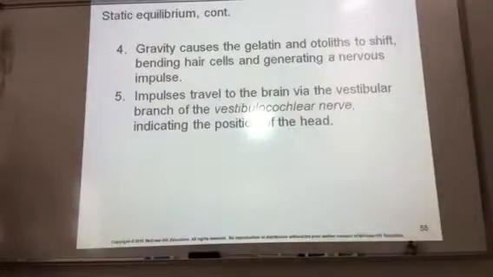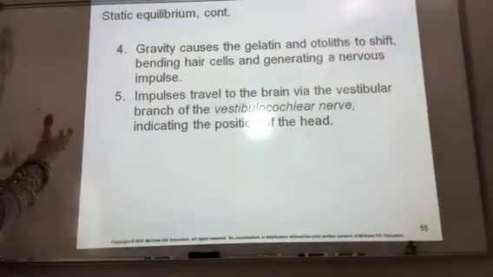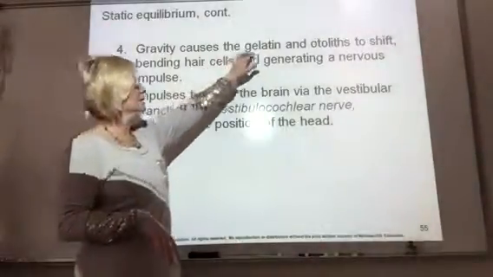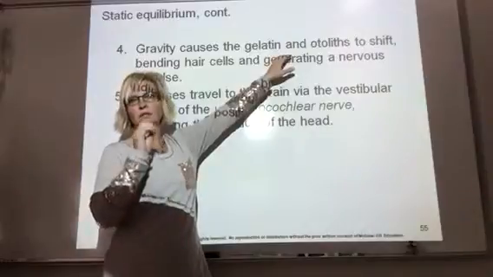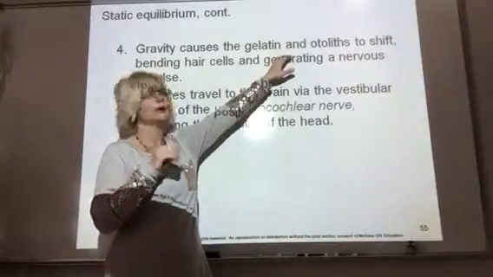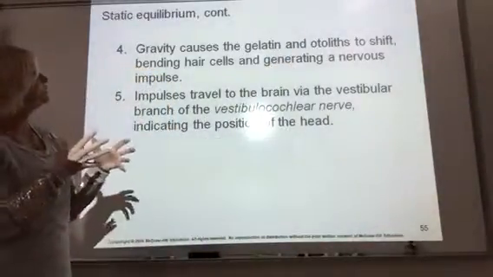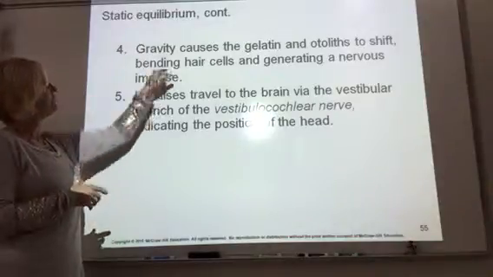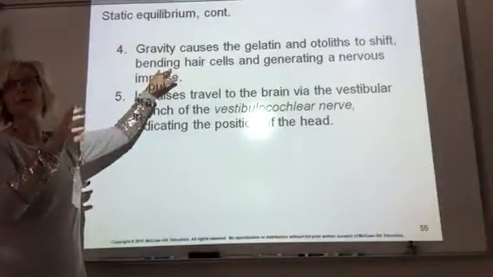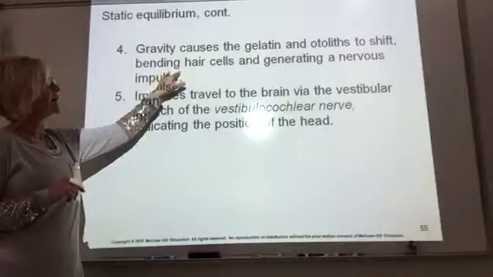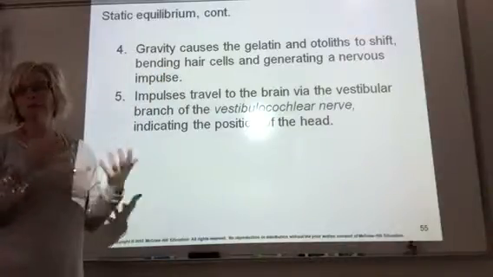Otto deals with bones. So what happens is gravity causes this gelatin, and then the otoliths would be like tiny solid particles, to shift and move, and that causes these hair cells to bend. And that generates a nervous impulse.